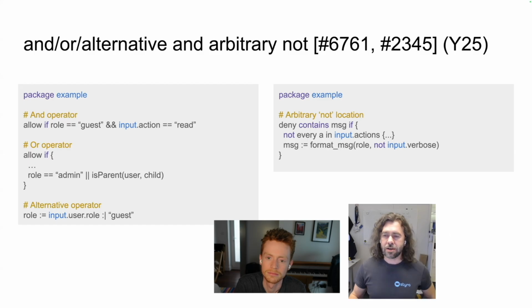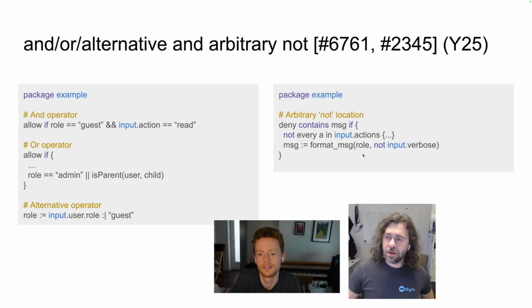So we want to add places where you can use the not keyword. Today you can't use it together with the every keyword, and you can't add it to arguments to a function and stuff like that. So where you expect not to work, it should work. That's the idea.